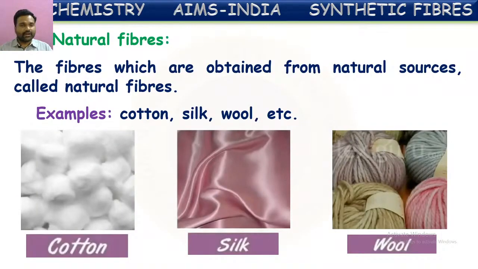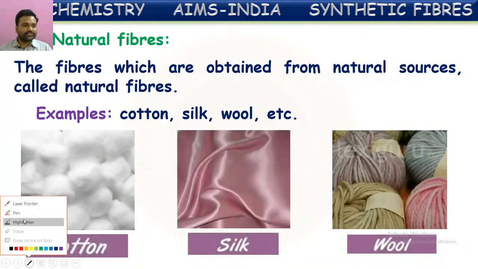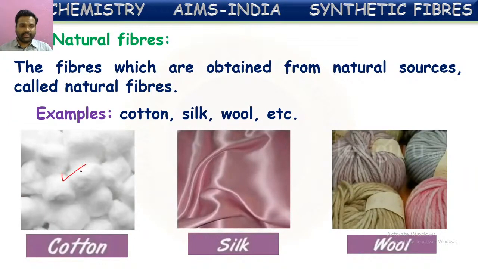Here, the natural fiber obtained from plants is called plant fiber. So cotton is a plant fiber. We can say natural fibers are again of two types based upon the resource from which they are derived. Cotton is obtained from living things like plants, so cotton is a plant natural fiber.